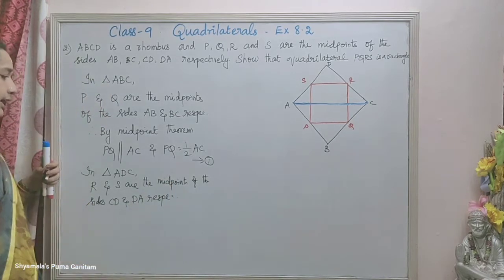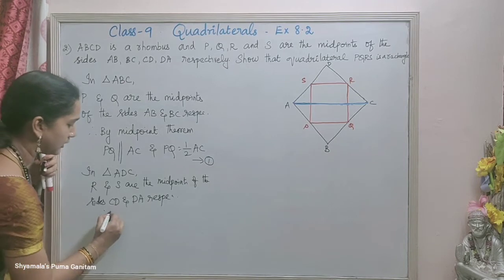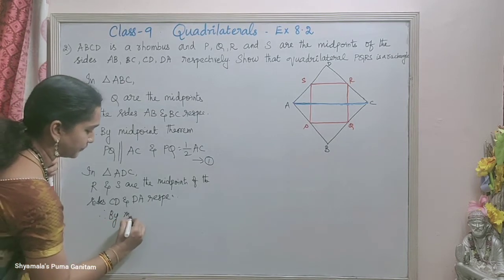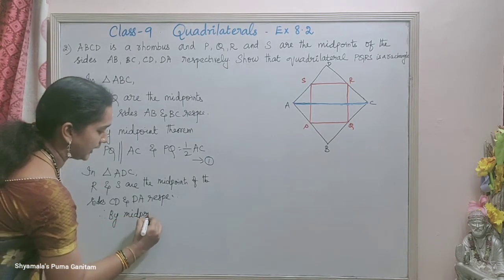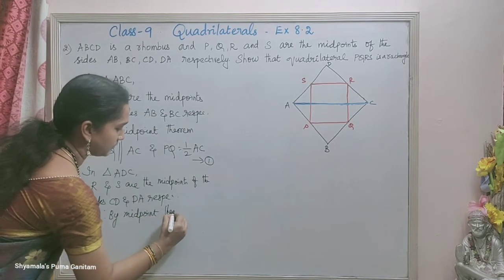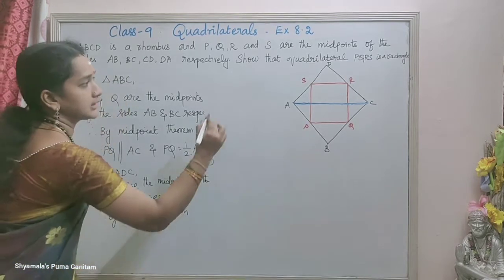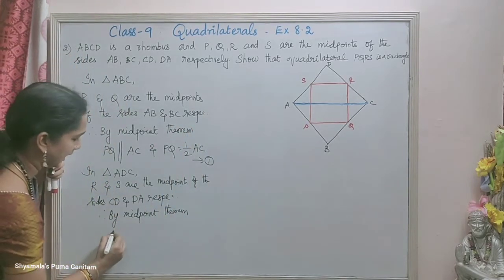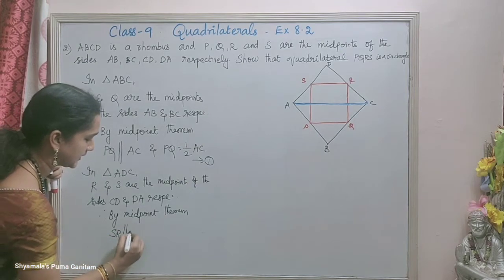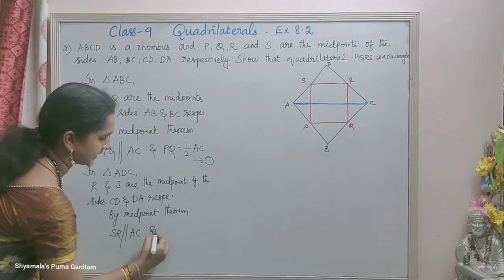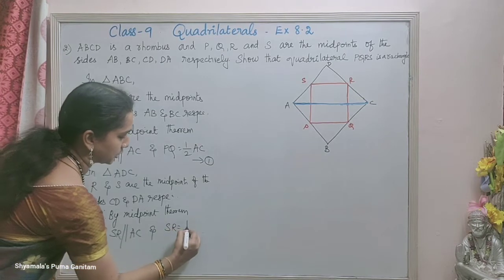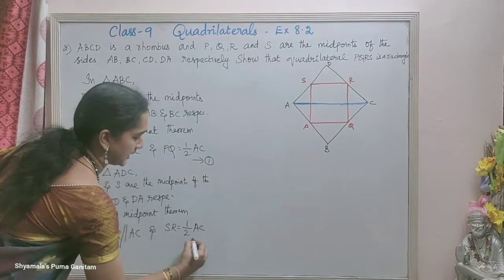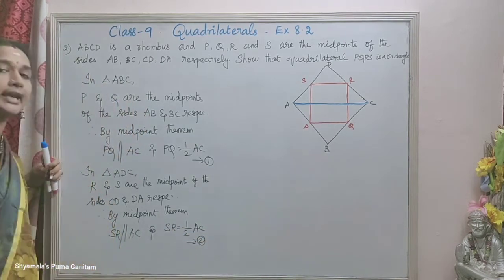Therefore, by the midpoint theorem, SR is parallel to AC and SR is equal to half of AC. We will take this as the second equation.